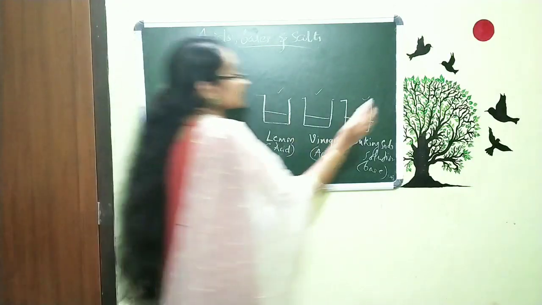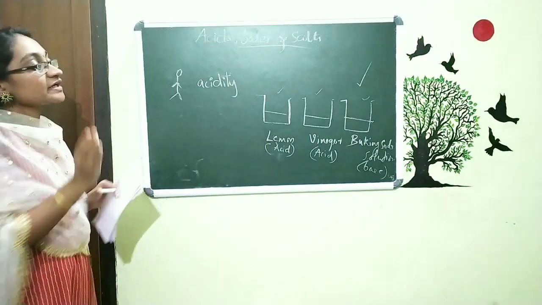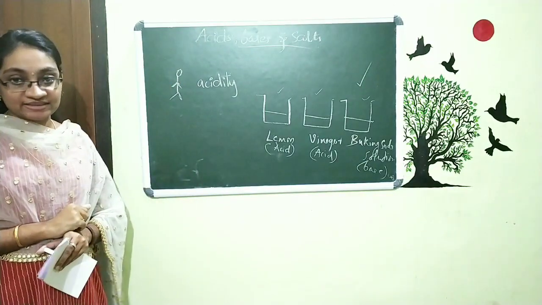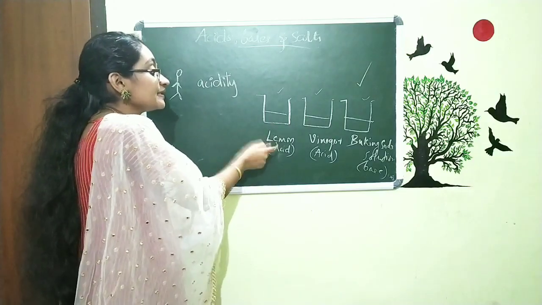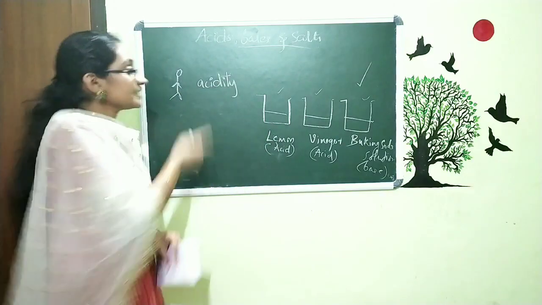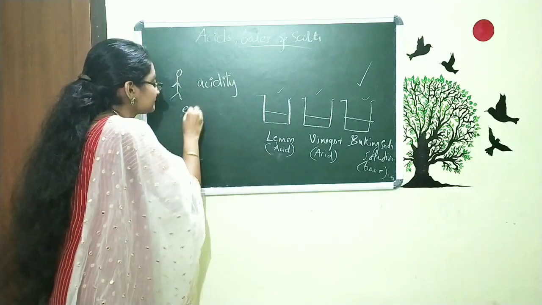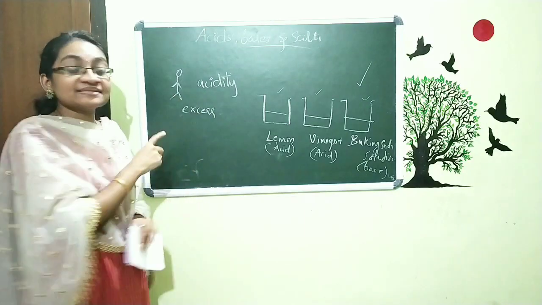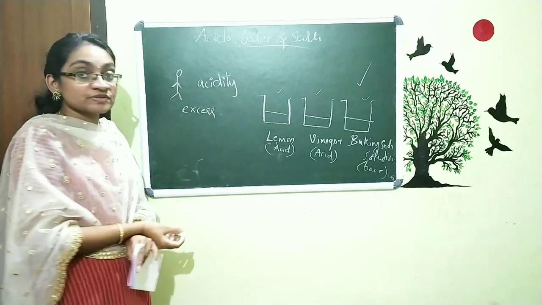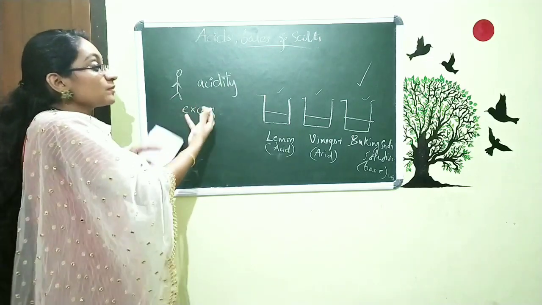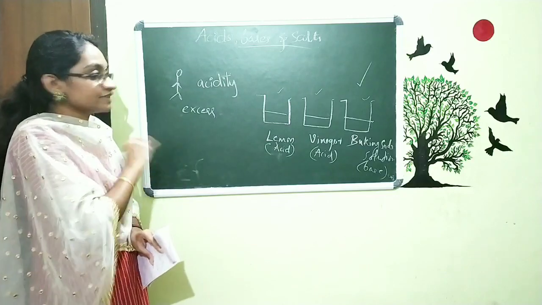He will select the baking soda solution for reducing the effect of acidity. For example, if he is again drinking this lemon juice, then what happens? Here acidity means there is an excess amount of acid in his stomach. So when he drinks lemon juice, it increases the amount of acid in his stomach and then he will get into trouble.